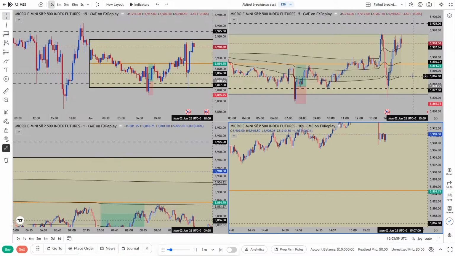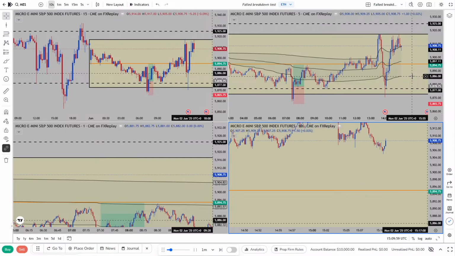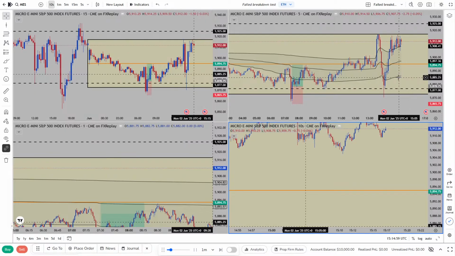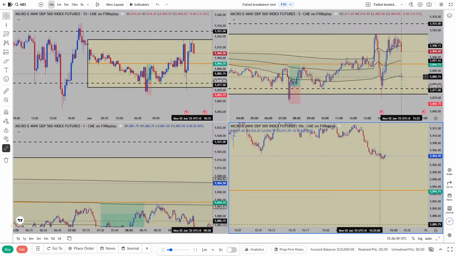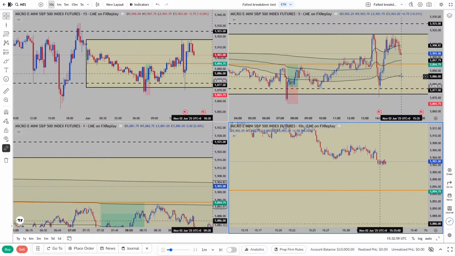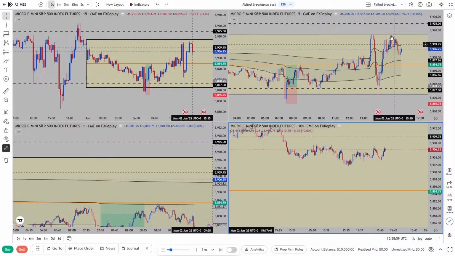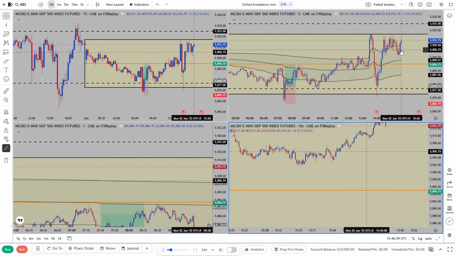Now I think we can see the breakout possibly. So we're still in Monday. We see the closing, that's double tested again.